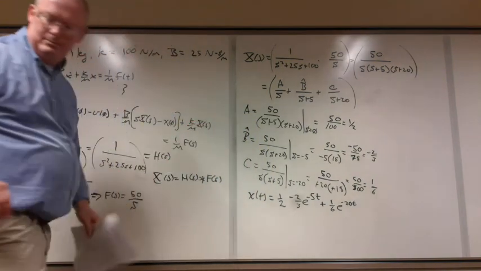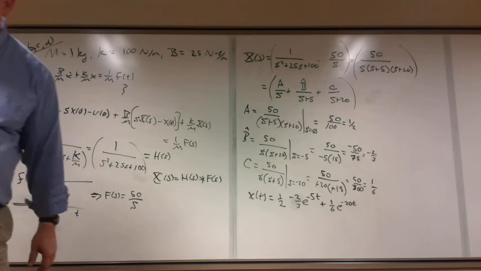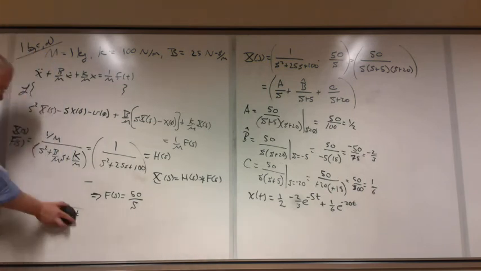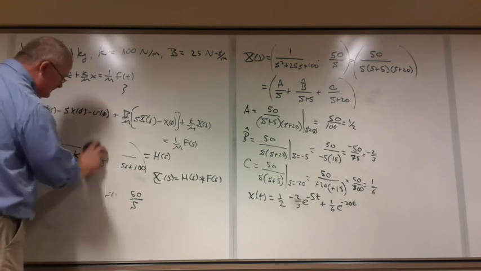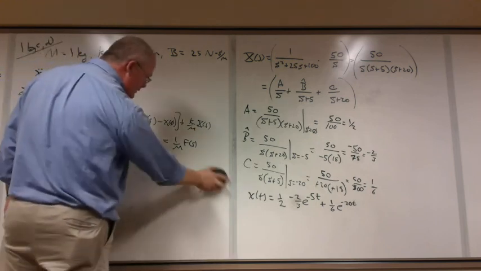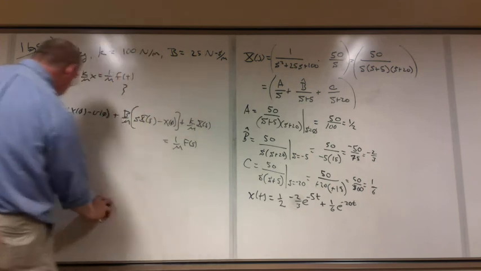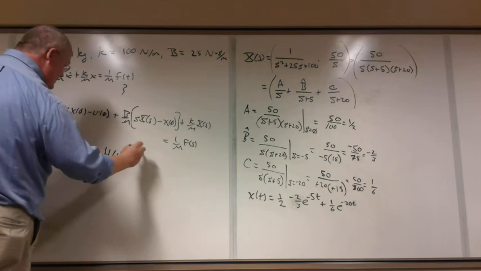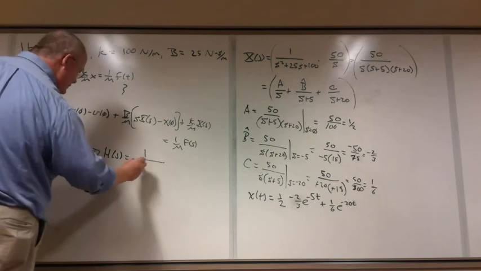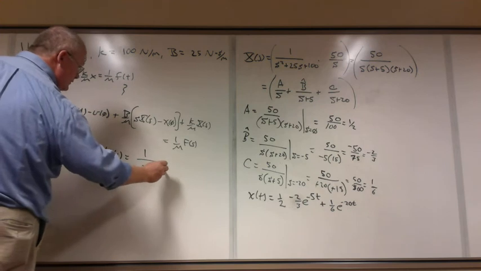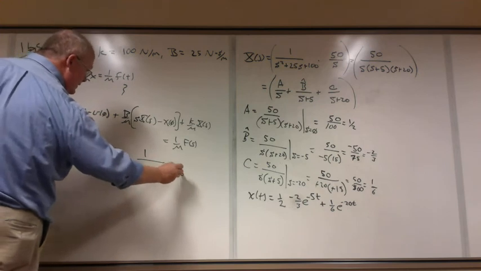Next problem, 1c. Go back to the transfer function and go back to the notes. Actually, if you go through the notes, we said h of s is equal to 1 divided by s squared plus 25 s plus 100.